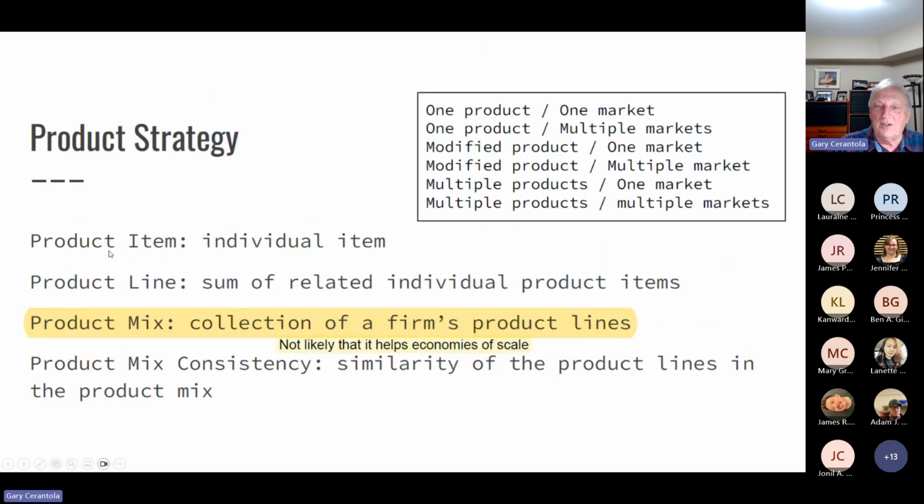Okay, so product strategy. We talked about the product mix. It's really like the tactical side of the firm's product strategy.